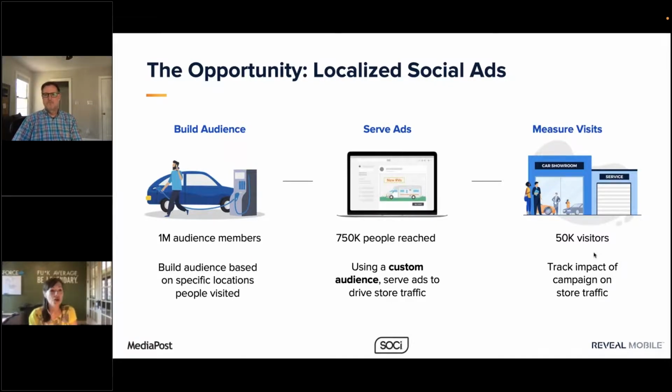And as part of that ad creative, I can create a card with my map and driving directions or some sort of other CTA. So in addition to having the attribution on the back end with store traffic or foot traffic through Reveal, you can also get some of these other clicks and actions that are collected via the ad unit as well. So I just wanted to mention that ad creative is scalable and available through these social channels.